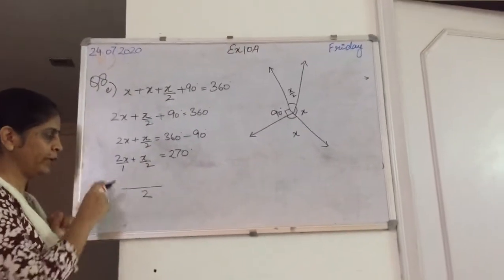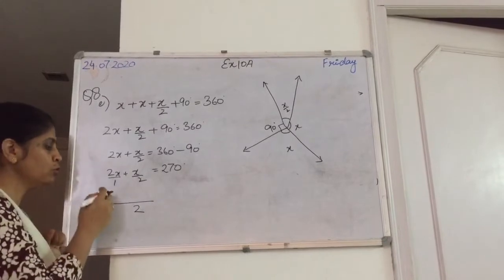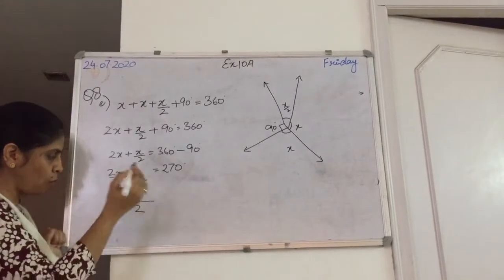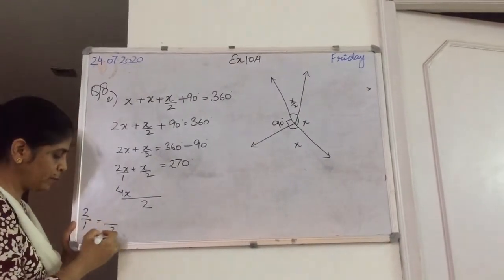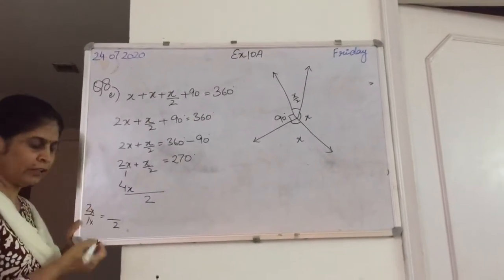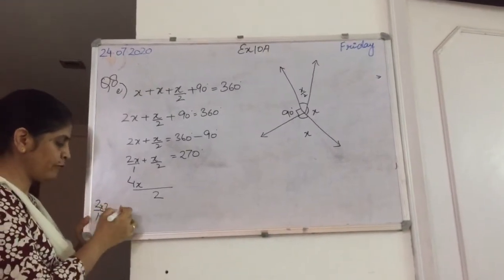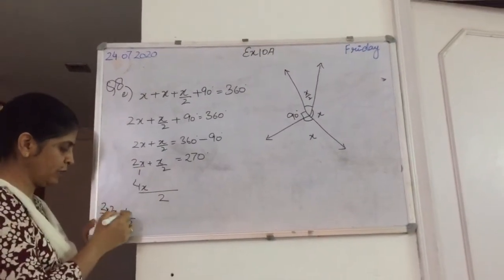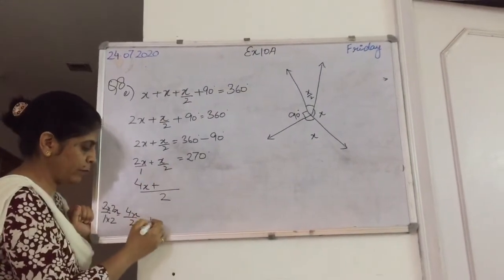Now make the equivalent. In 1's table, how many times does 2 come? 2 times. 2 into 2, 4x. Or you can write it like this, 2 upon 1. How much do you multiply to make it 2? 2 times. So 2 twos are 4, and x will be written as it is. Clear? Plus 1 by 2.